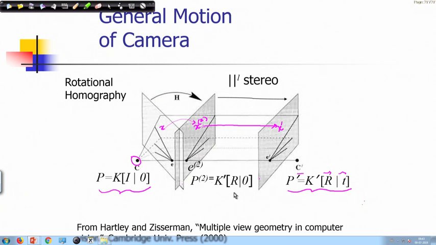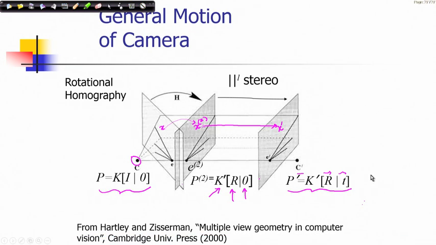P 2, since it is related to the original reference camera by the rotation matrix R, and also we would like to have the same calibration matrix of the second camera K prime. So, the projection matrix P 2 has a calibration matrix K prime and then the rotation matrix R, and the center is still at origin 0, the same as the reference camera. So, under this configuration, what should be the homography between these two scenes?